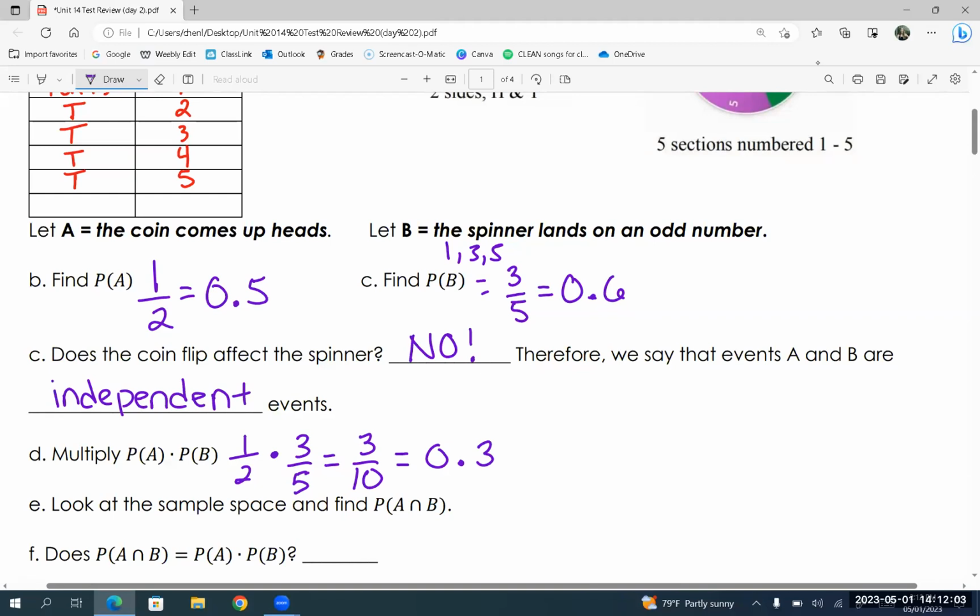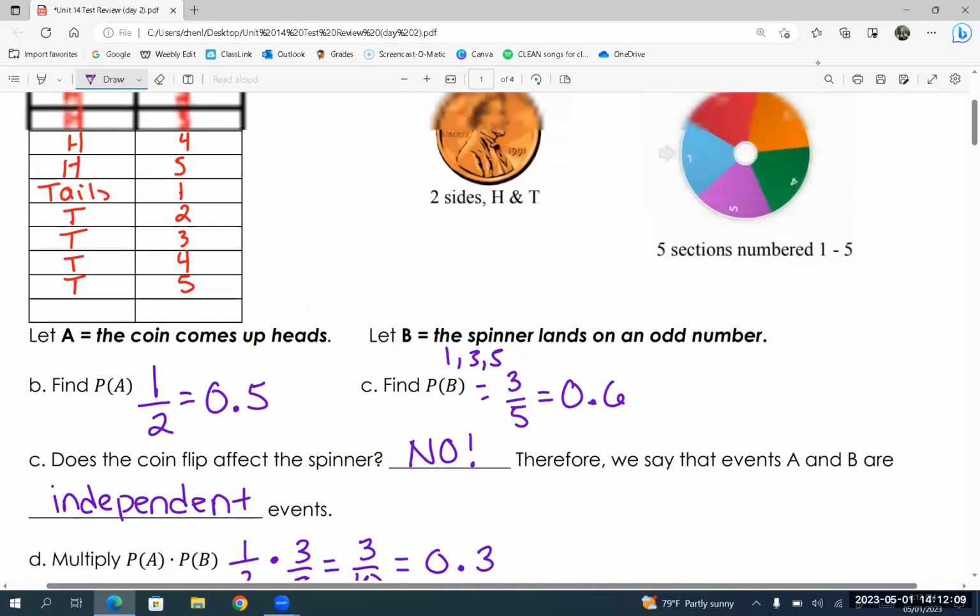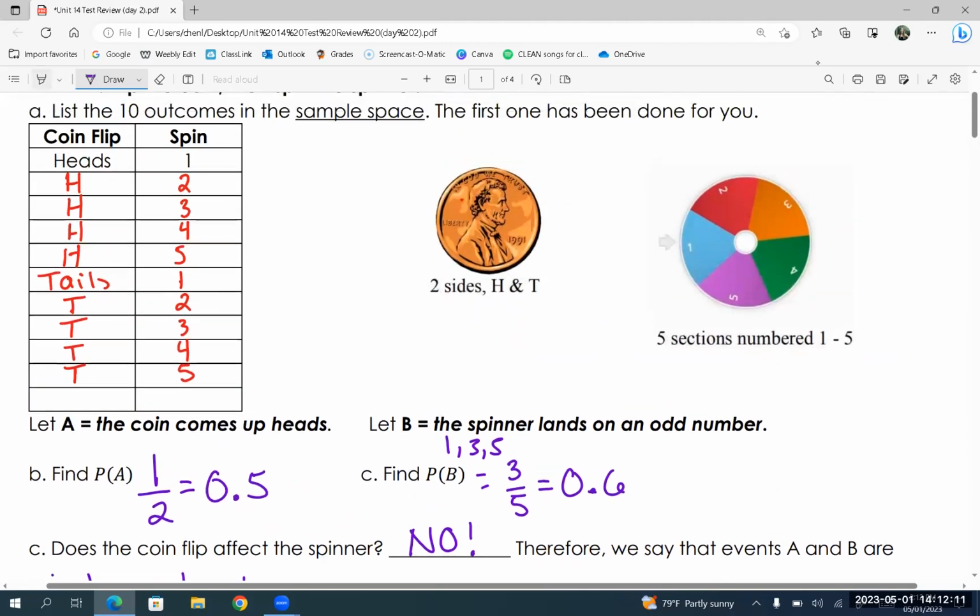Part E, look at the sample space and find the probability of A and B. So if I'm figuring out the coin coming up heads and the spinner landing on an odd number, out of flipping a heads, we could spin and get a 1, we could spin and get a 3, or we could spin and get a 5.